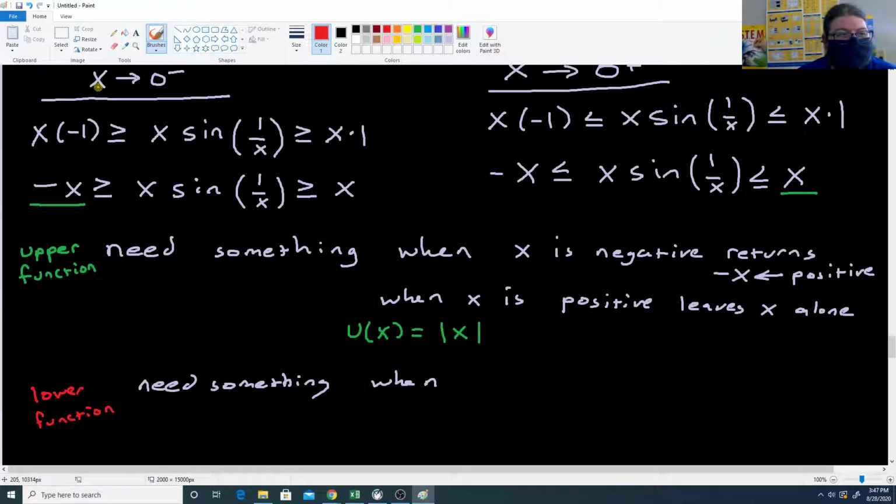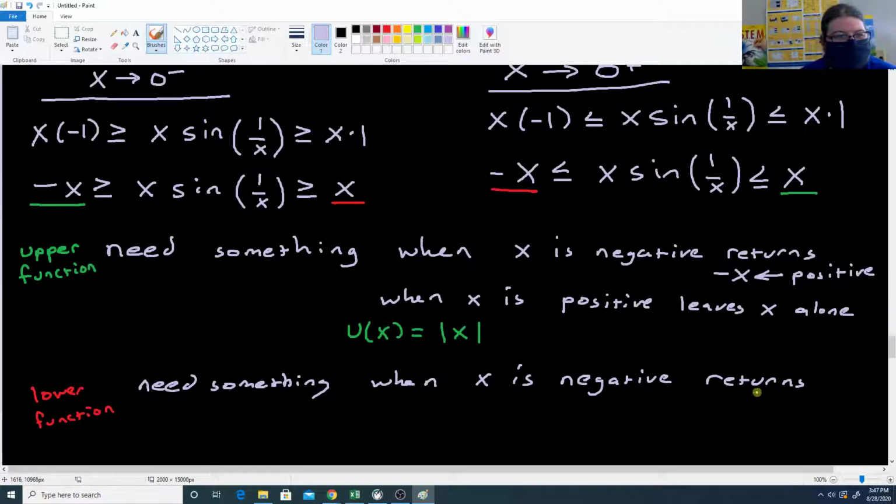So when x is negative, it returns just a negative x. And when x is positive, it makes x negative. So we need something that when x is negative, it returns the positive value.